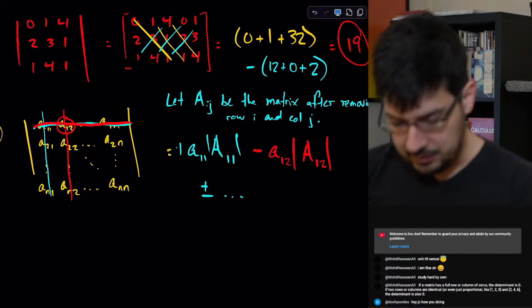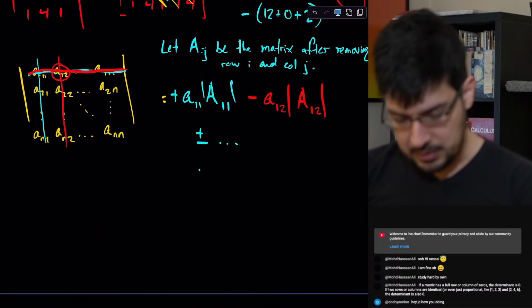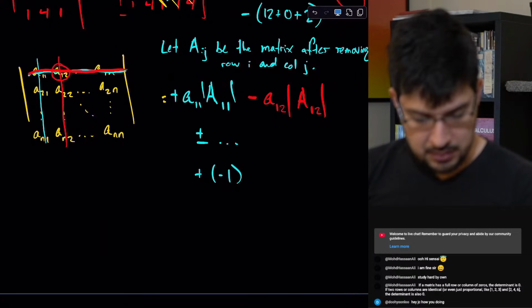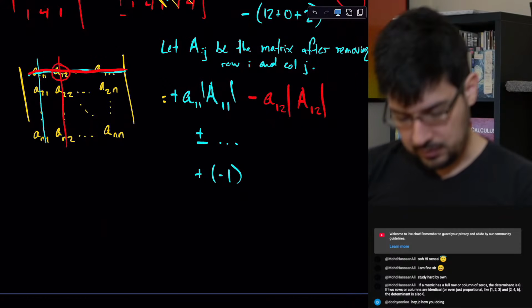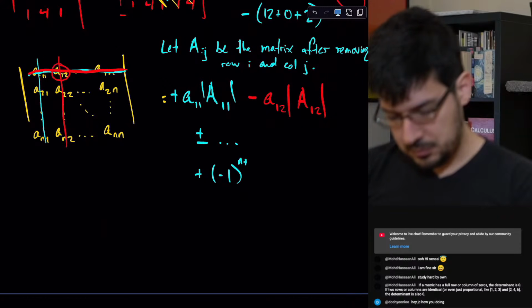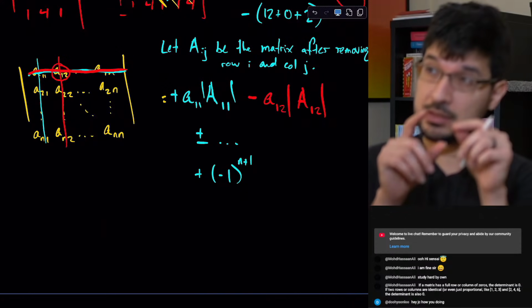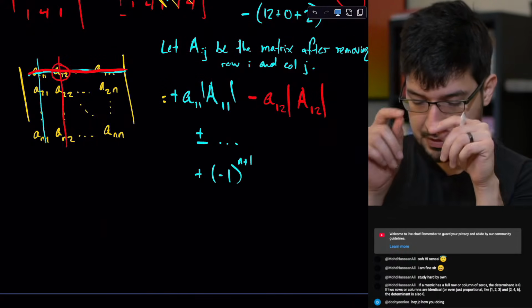So the sign keeps changing. Plus, minus, until we get to the last term, with sign (-1) to a power depending on n. If n is even, then this last term is negative. So if n is even, like if it's a 2 by 2 matrix, this is an alternating sign, plus, minus.